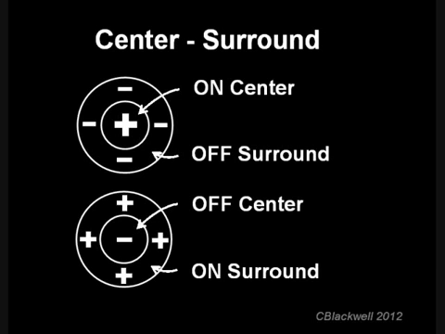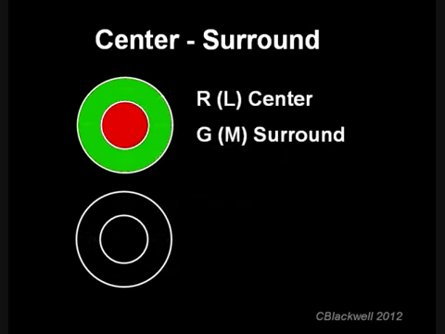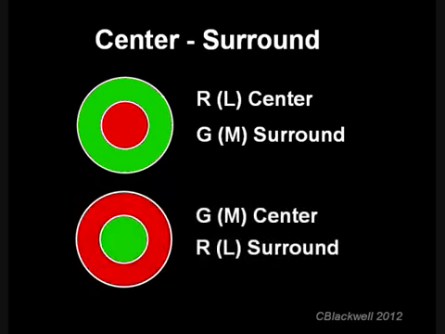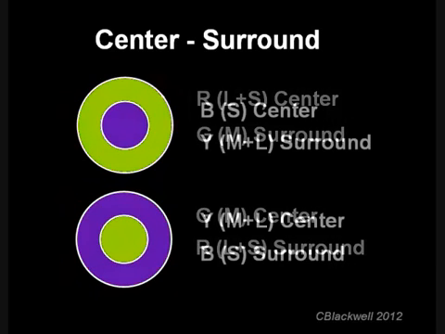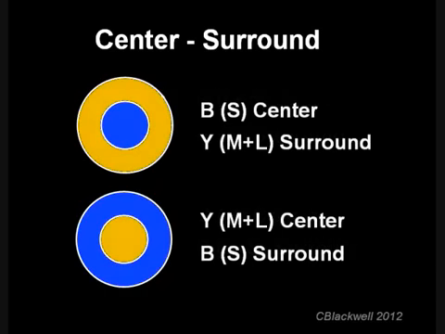Color vision researchers have found four arrangements in the retina. 1. A center of red cone activation with a surround of green cone inhibition. 2 is a green center with a red surround. Technically, blue also inputs into this system. Here is the other center-surround pair with blue versus yellow.